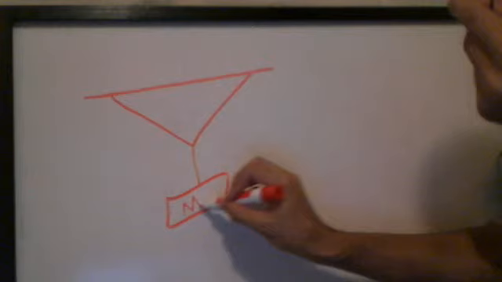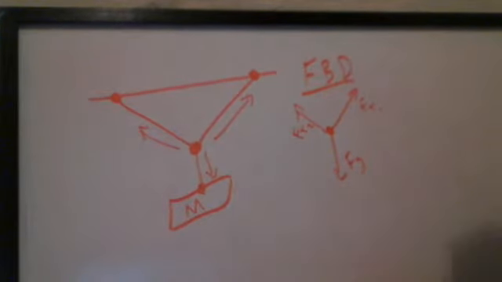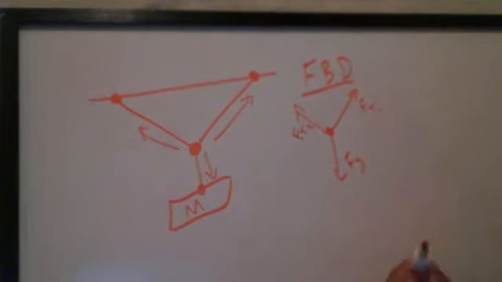So on our FBD, we have a force of gravity. We have force of tension number 1, and we have a force of tension number 2. That is our FBD. That's showing us all the forces that are acting right now.